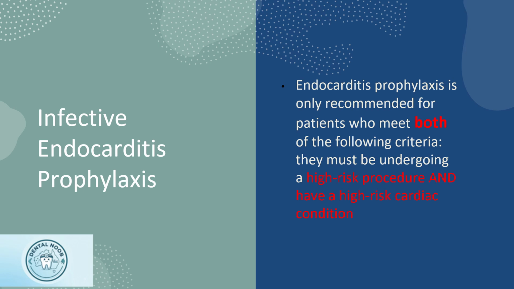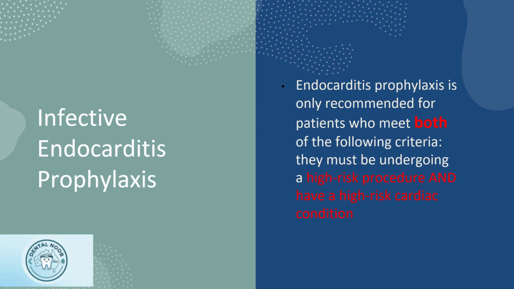As per the new therapeutic guidelines, endocarditis prophylaxis is only recommended when a patient meets two criteria. Always keep in mind, if you suspect there is a requirement of prophylaxis, you need to know that it should tick off two things. One is the procedure which you're going to perform: is it going to be a high risk procedure?